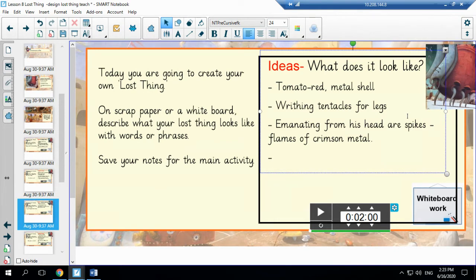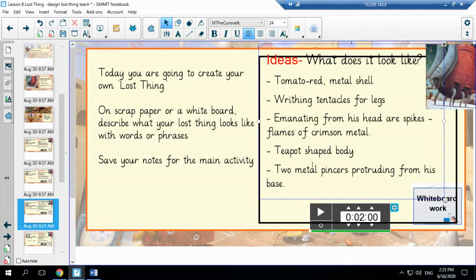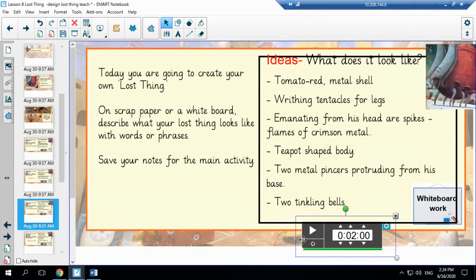And a teapot shaped body, so the shape of his body or its body. 2 metal pincers protruding from his base. And finally, 2 tinkling bells. Okay, so make sure you've got all of your ideas written down before moving on.